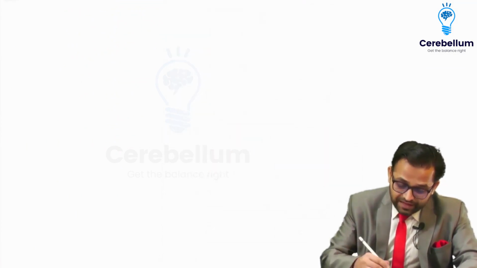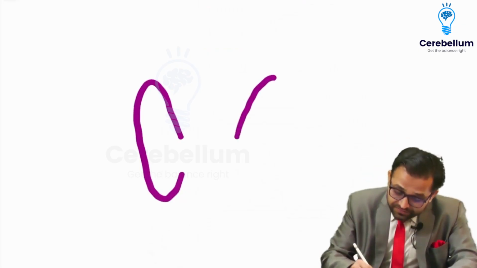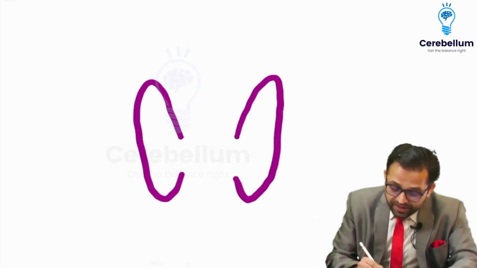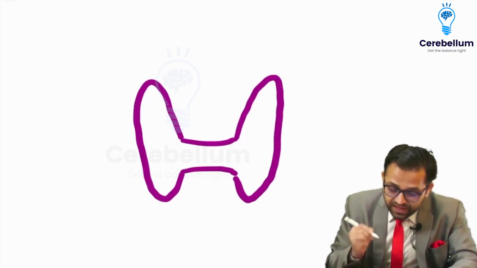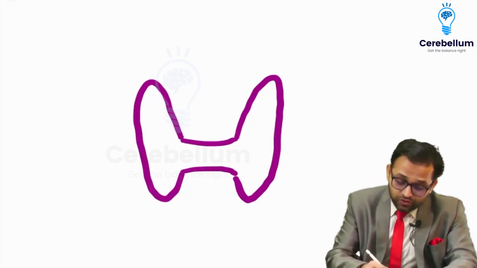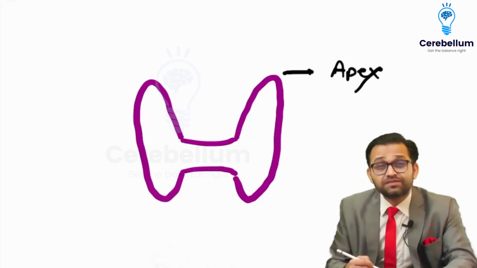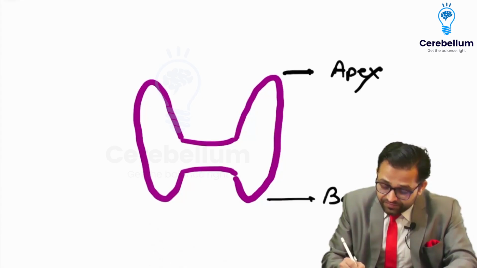Now look at the different points. Sir, the thyroid gland has the right lobe. It has the left lobe, and these are attached with the narrow junction known as isthmus. Agree, sir. Now I told you the thyroid gland has the apex and the base.